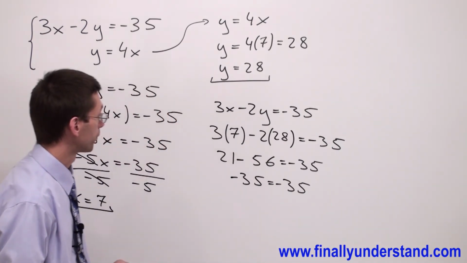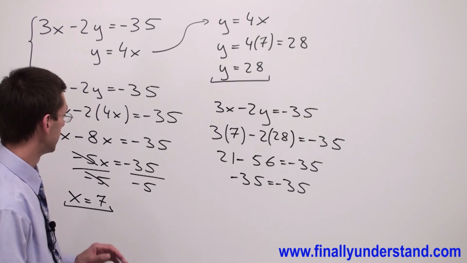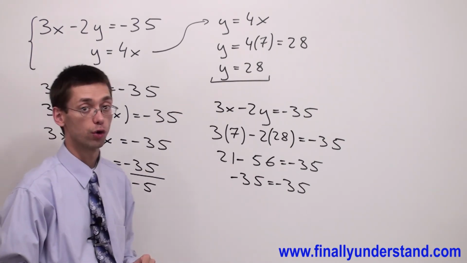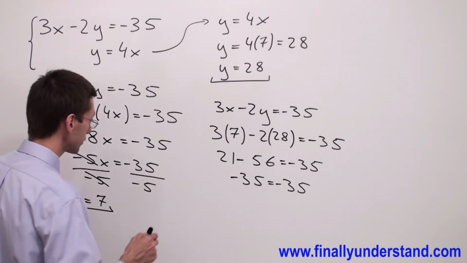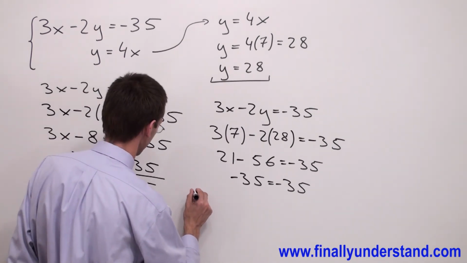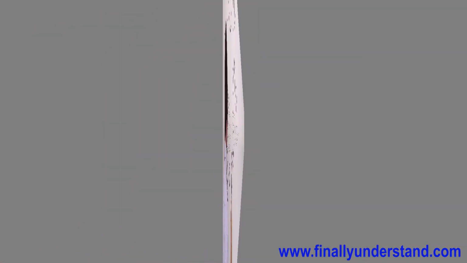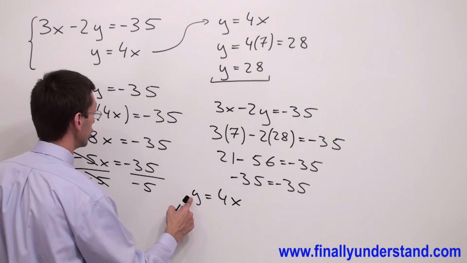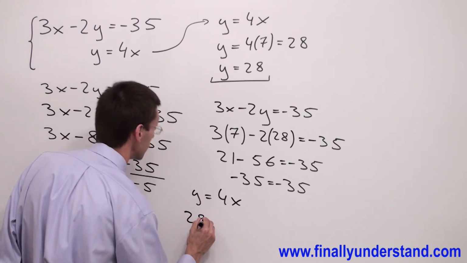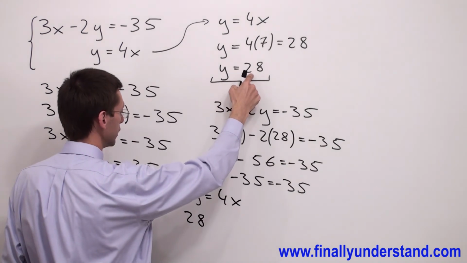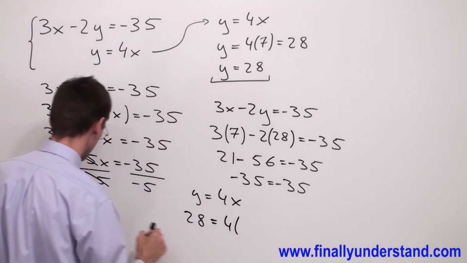Now, what we're supposed to do, we're supposed to prove that these answers are correct for the second equation. Okay? So copy this down. We have y is equal to 4x. Instead of y, I'm supposed to write 28, because y is equal to 28, equals 4 times x.